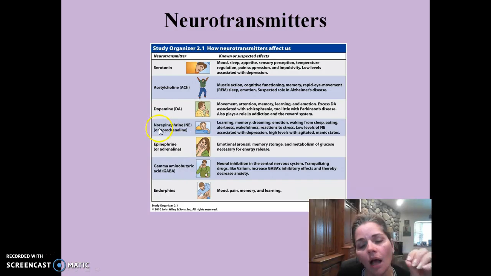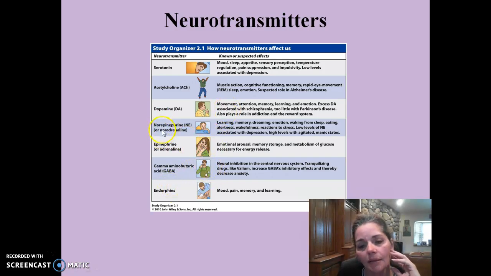Norepinephrine, we talk about adrenaline and noradrenaline. The official terms are epinephrine and norepinephrine. Norepinephrine helps to counterbalance epinephrine in terms of our autonomic nervous system, but it can also influence our sleep behaviors, our dreaming, learning, memory, and our alertness.